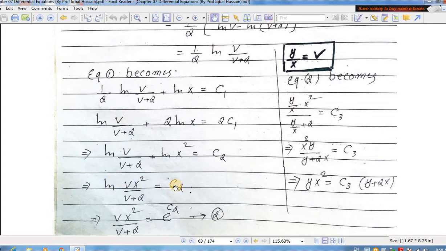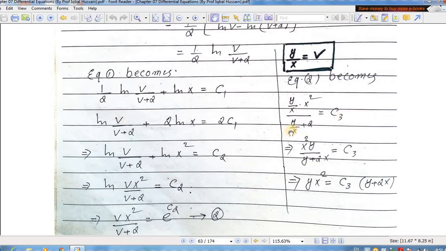We will write this log form as exponential form, so we will get this is equal to e power c2. Now this v will be replaced by its value, and this e power c2 will be replaced by another constant.